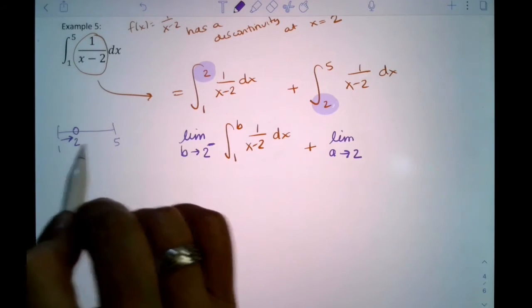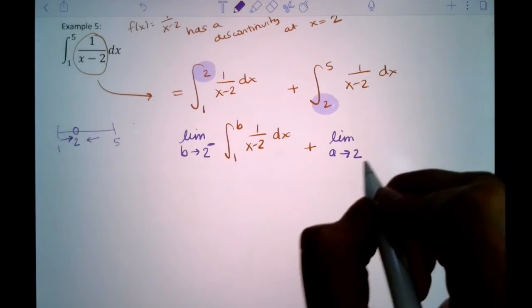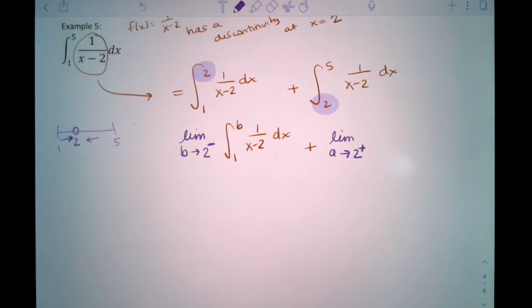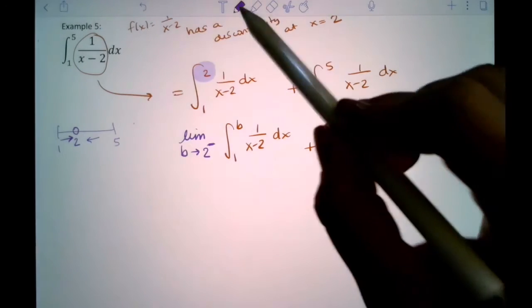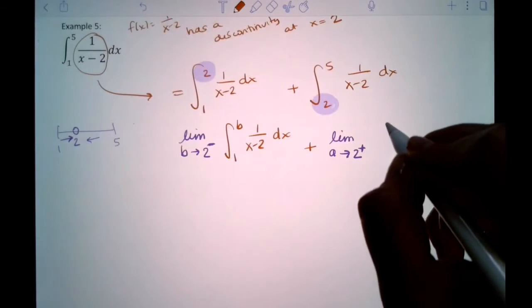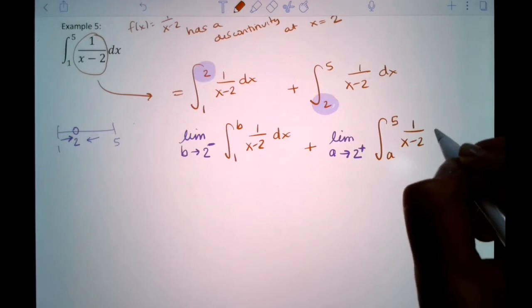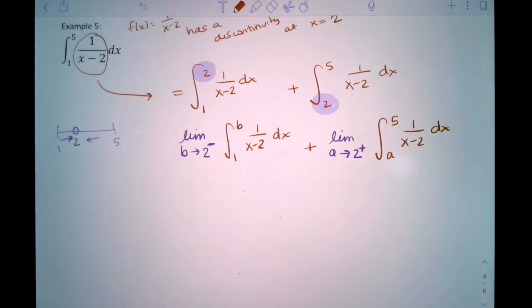When I think about it from 2 to 5, you're approaching 2 from the right-hand side, so that's the reason I'm putting a little plus sign in there. Now, I'm going to recreate my integral from a to 5. Nothing to see here. I'm sort of covering up the problem with a Band-Aid, and the Band-Aid is that limit in front.